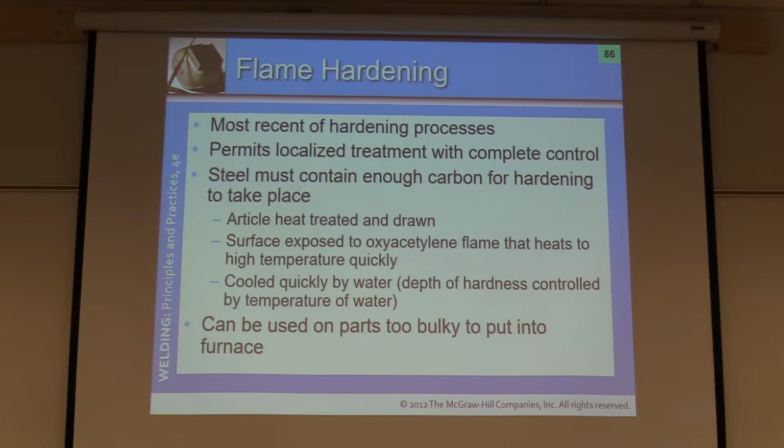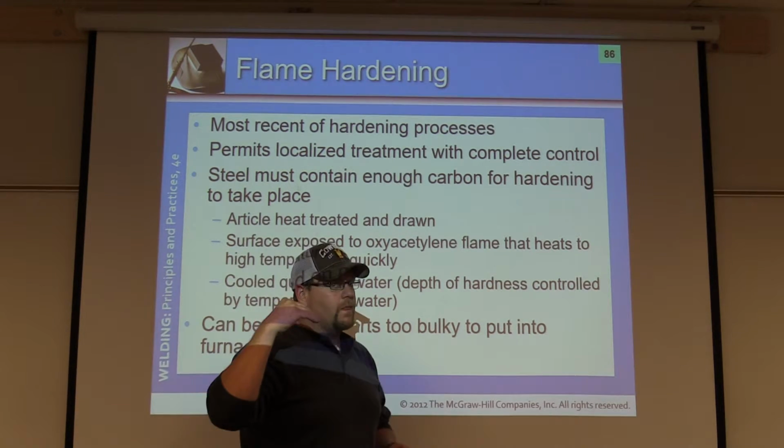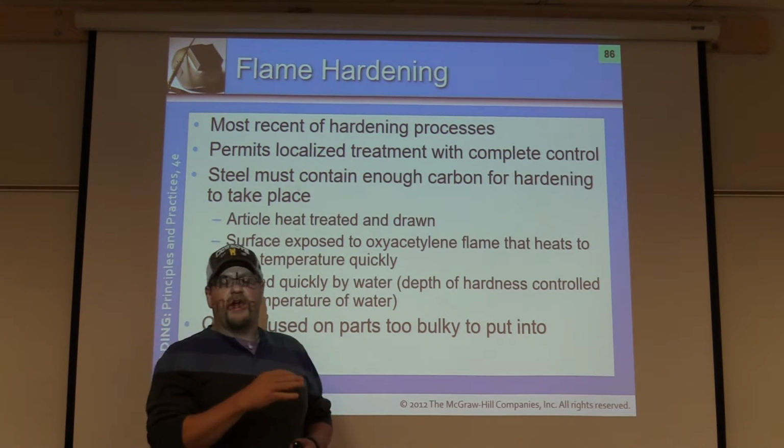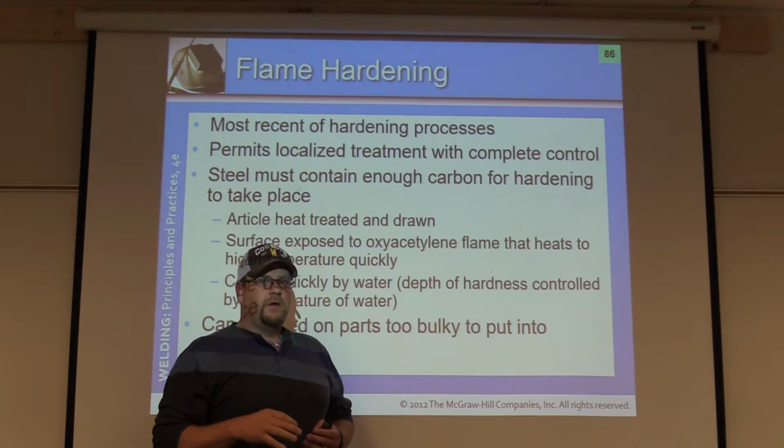Flame hardening. This is the most common one that we see. What happens is you take and heat the outside of the surface with a flame, running it back and forth. So, for example, a surface section of something like AR 400, 500 plate is flame hardened.